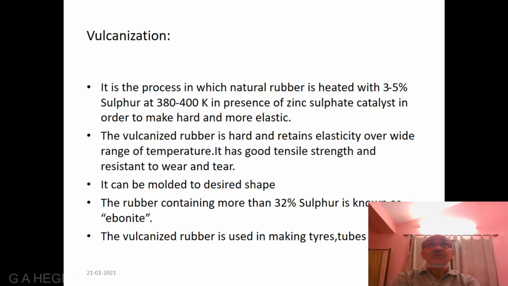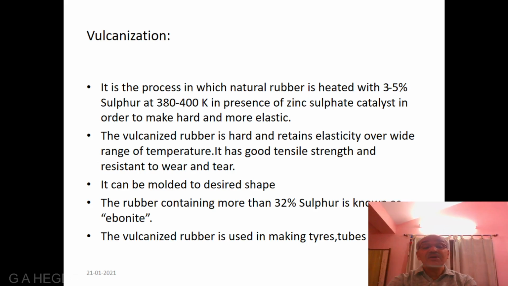In order to make it more useful, the natural rubber is subjected to vulcanization. It is the process in which natural rubber is heated with 3 to 5% sulfur at 380 to 400 Kelvin in presence of zinc sulfate catalyst in order to make it hard and more elastic.